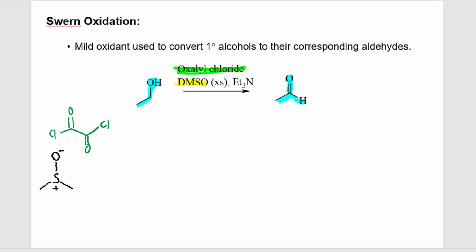And we're going to do our 1,2 substitution. It's going to go in and up. Doesn't matter which carbonyl. You don't want to skip steps. And then we're going to come down and out.